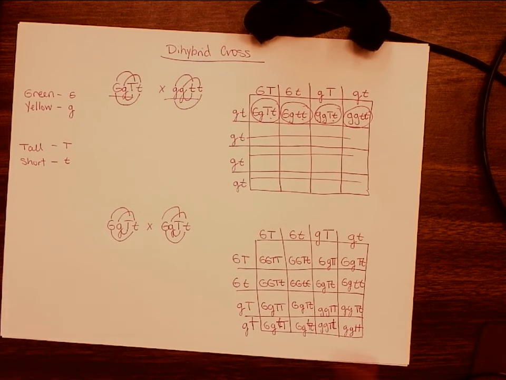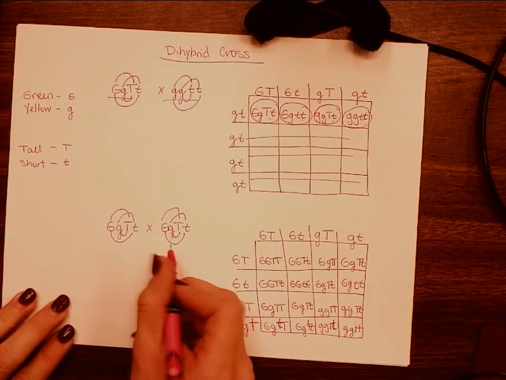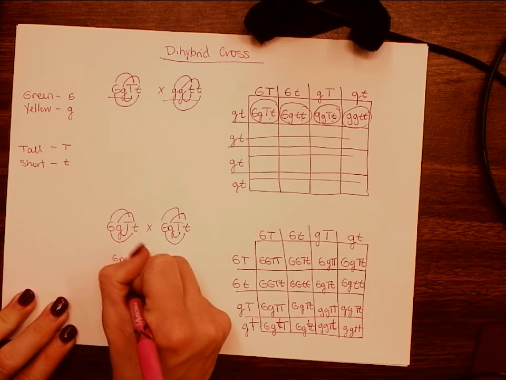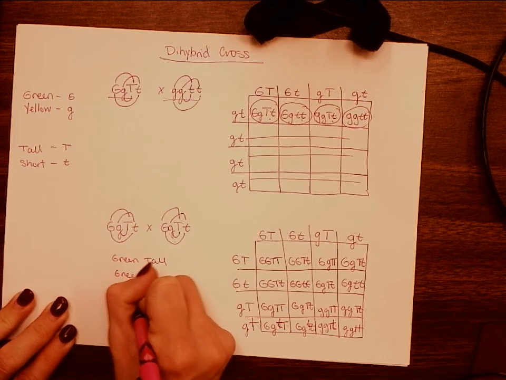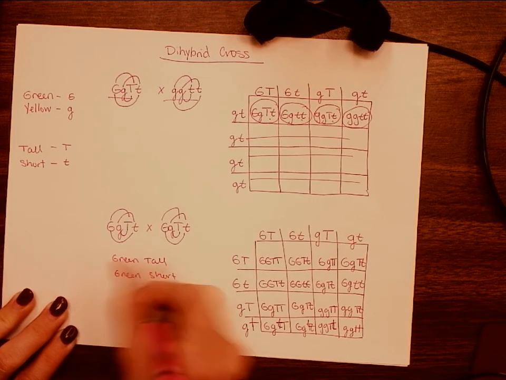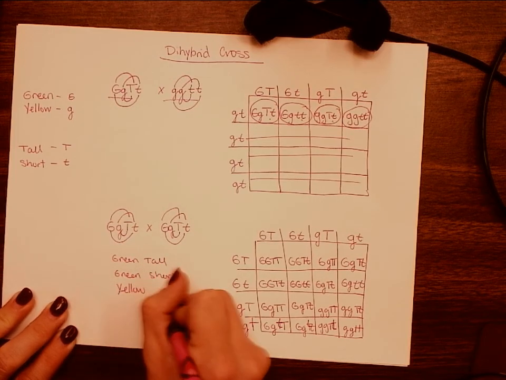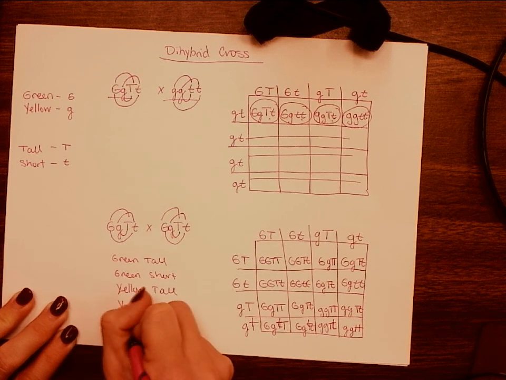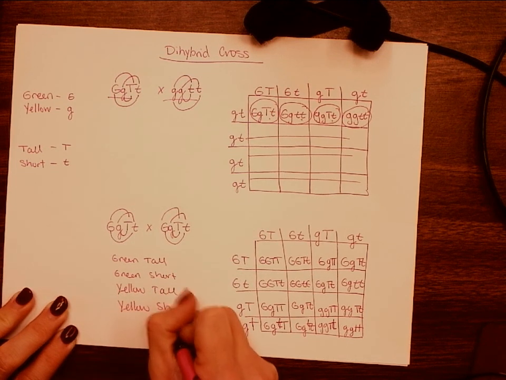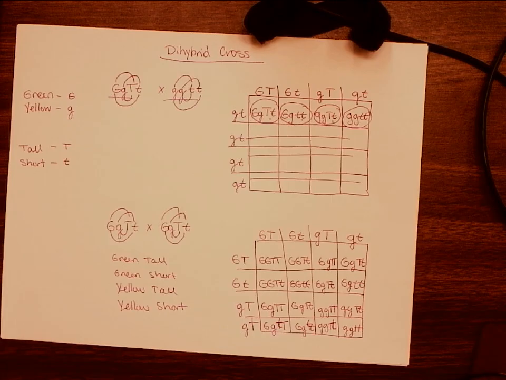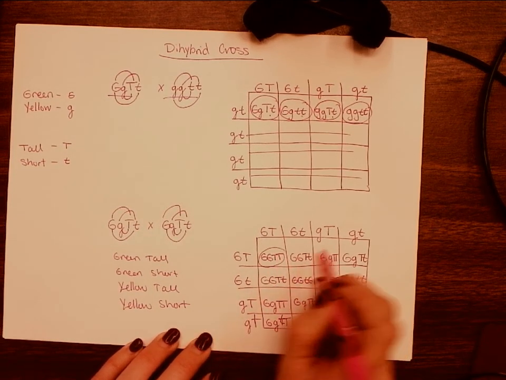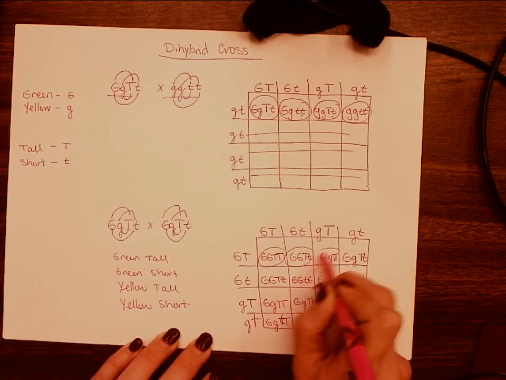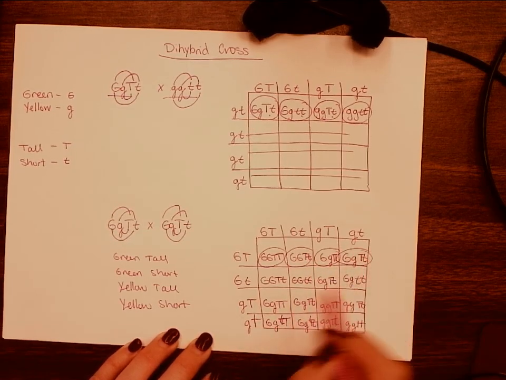Alright, our last step, we're just going to take a look at what the offspring are going to be. If we want to see how many are going to be green and tall versus green and short, yellow and tall, yellow and short. Okay, I'm just going to go ahead and circle out all my green and tall. So this is green and tall, green and tall, green and tall, green and tall.